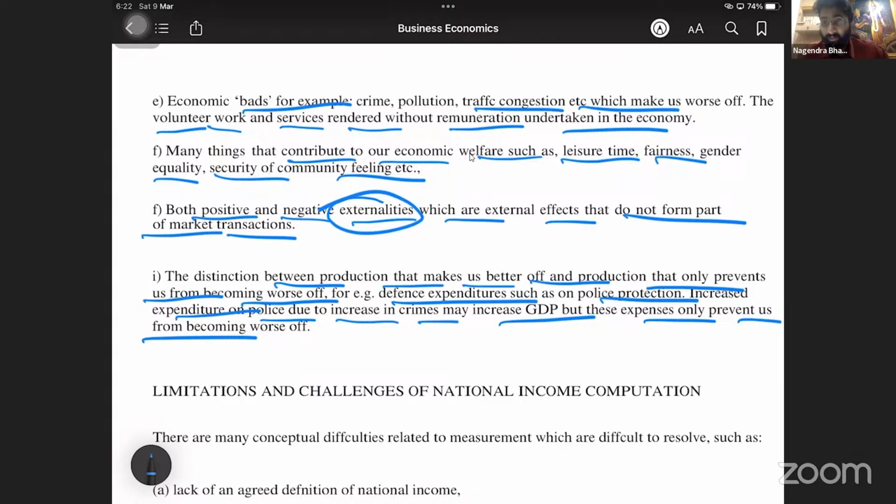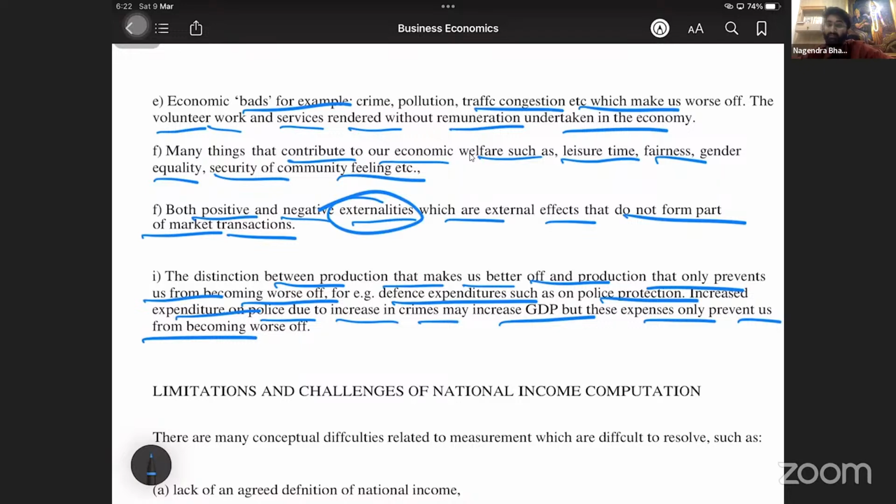If there were no crimes, then police was not required. If police is not required, our GDP would have increased. But there are crimes, so we have to put some efforts into preventing that crime, so that these policemen, these judicial laws, will prevent us from a reduction in the GDP. That's why all these things are required.